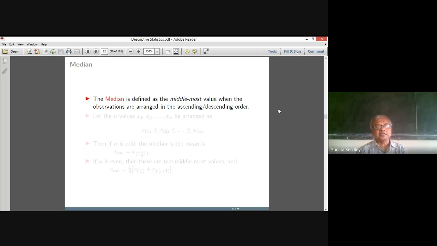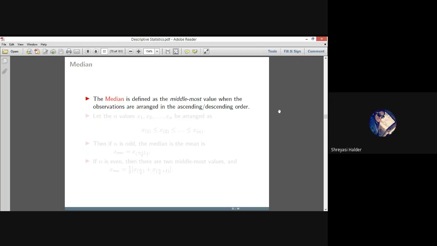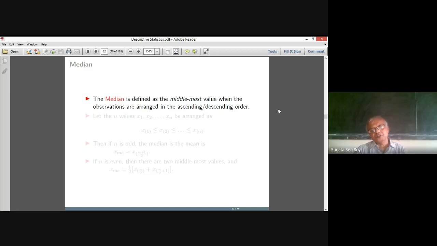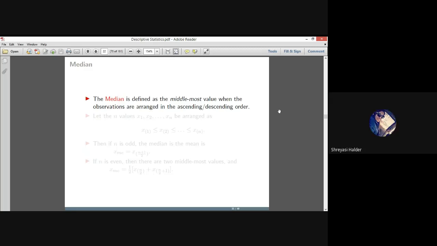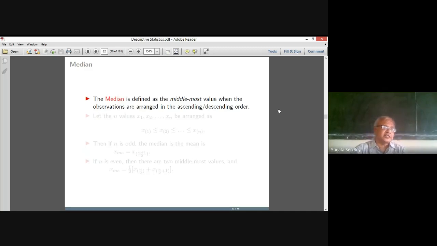As opposed to this, we have what is referred to as the median. Median is the middlemost value when you have arranged the observations in ascending or descending order. So you have the observations, say the numbers 1, 5, 7, etc. You arrange the numbers in increasing order.